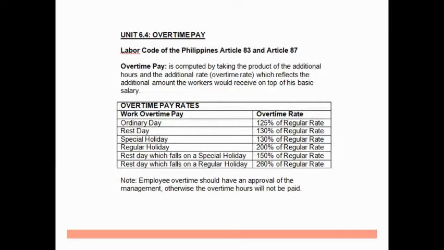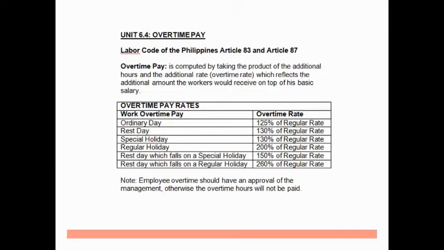And for lesson 4, we have overtime pay. According to the Labor Code of the Philippines, Article 83, the normal working hours of an employee shall not exceed 8 hours a day. Article 87 elucidates that work may be performed beyond 8 hours a day provided that the employee is paid for the overtime work. An additional compensation equivalent to his regular wage plus at least 25% thereof is paid for work beyond 8 hours.